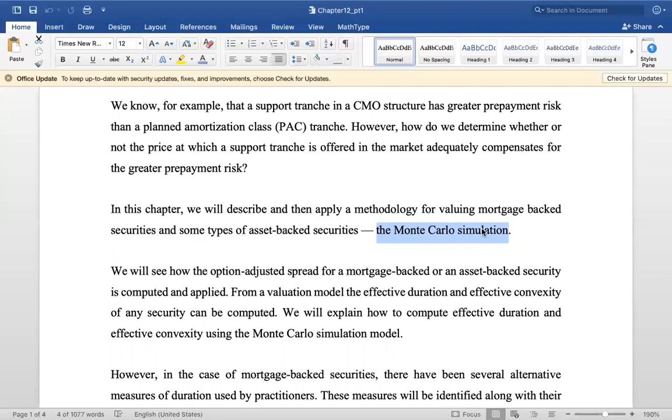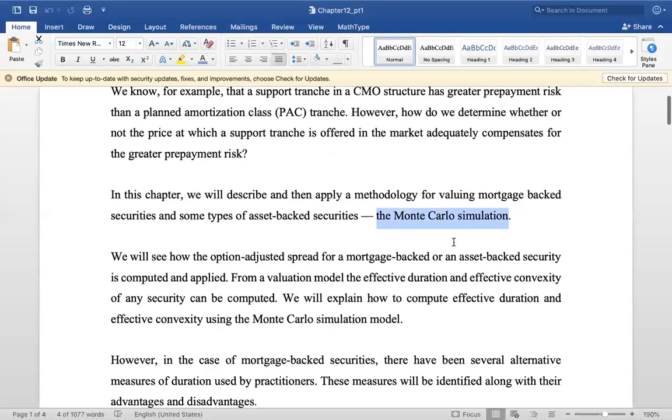Remember when we discussed the valuation of option embedded bonds, we discussed this Monte Carlo. We will also see how the option adjusted spread for a mortgage-backed or asset-backed security is computed and applied.